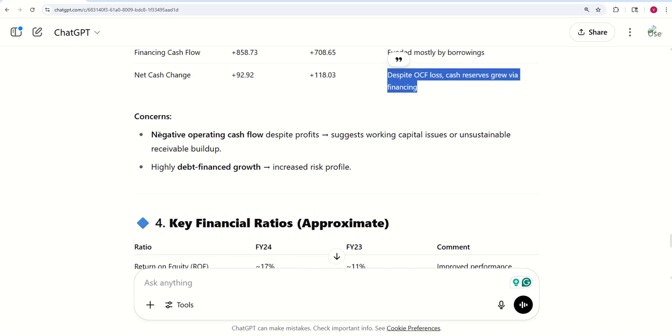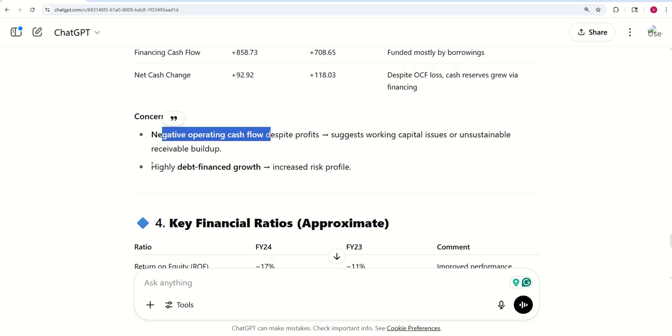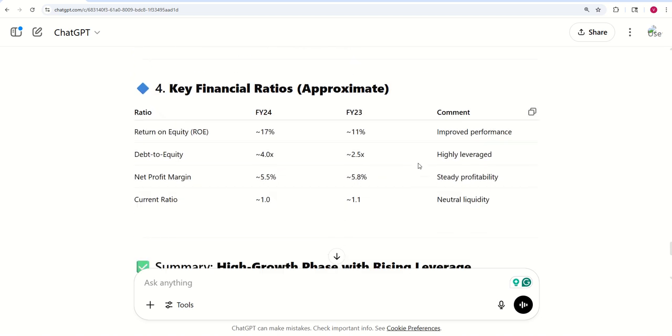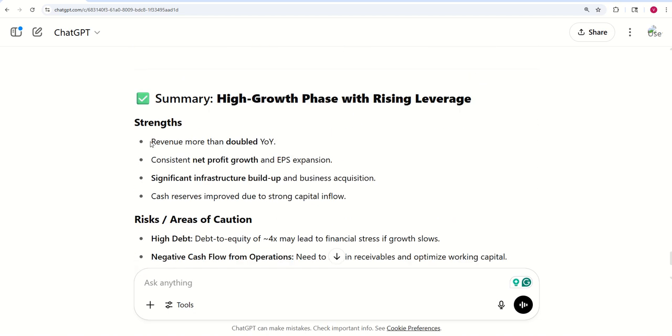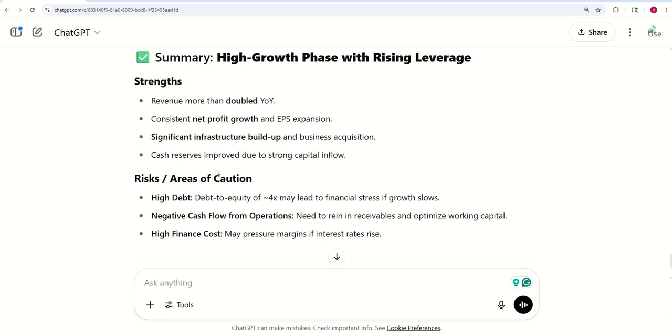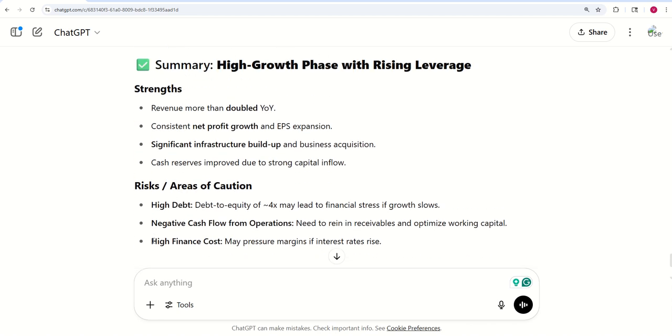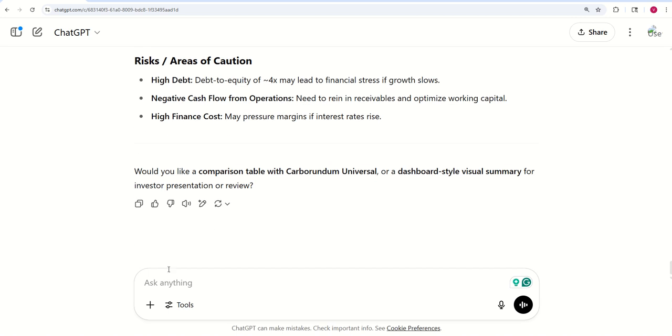Now the concerns: negative operating cash flow and highly debt-financed growth mean increased risk for the investors. Then there are other ratios. Summary strengths, and risks: high debt, negative operating cash flow, high finance cost.